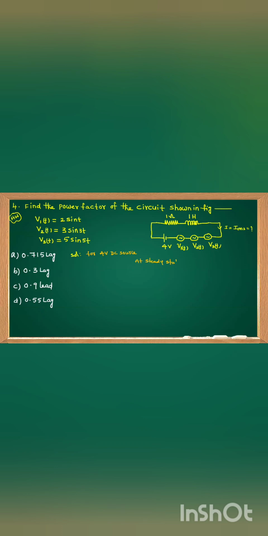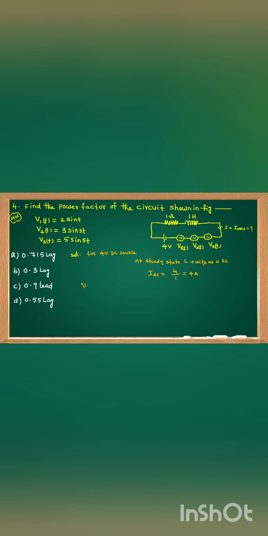At steady state, the inductor acts as a short circuit, no? I'm talking about DC. Then what is I DC? If it is a short circuit, only the resistance, 4 by 1, 4 amps.